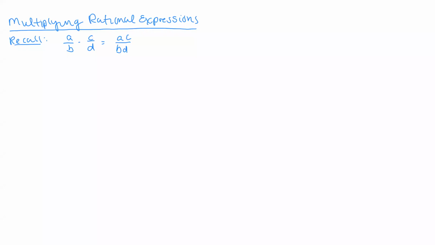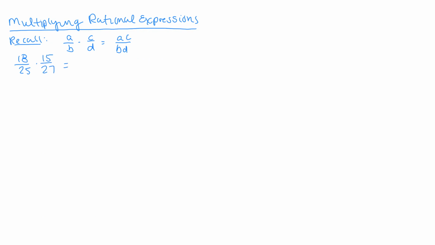Let's look really quickly at an example with fractions, and then we'll merge that into rational expressions. Sorry, somebody outside my window is mowing, so you might hear background noise. Let's say we have 18 over 25 and we want to multiply it by 15 over 27.